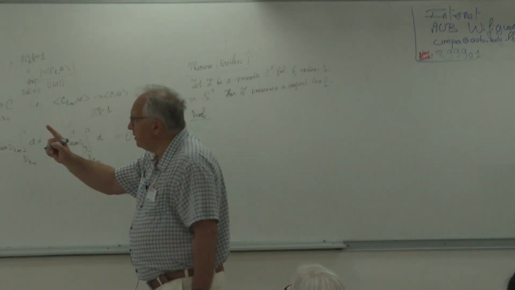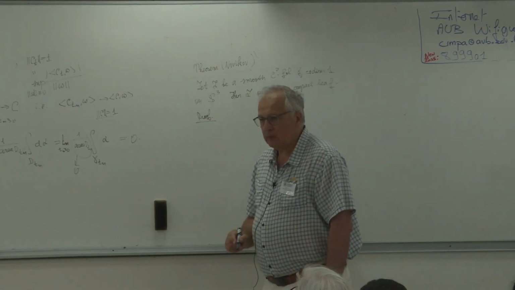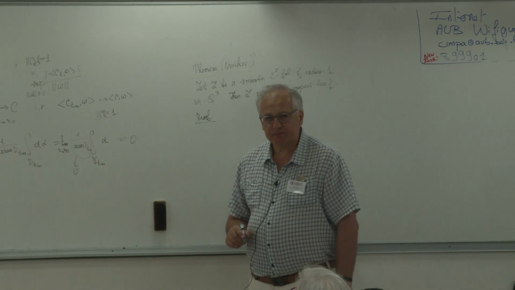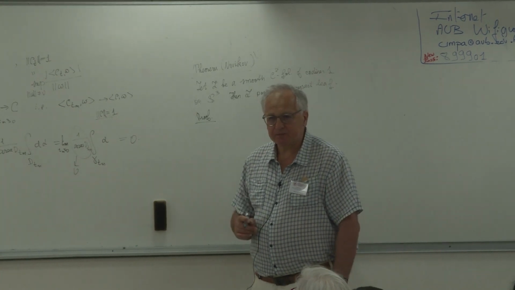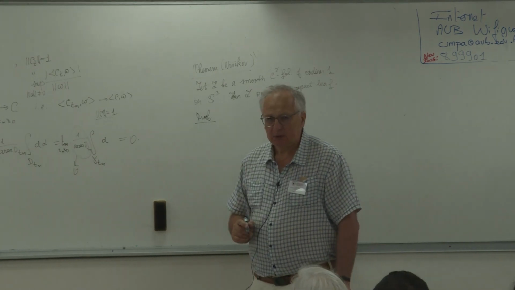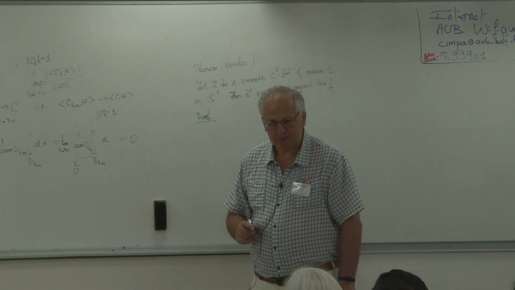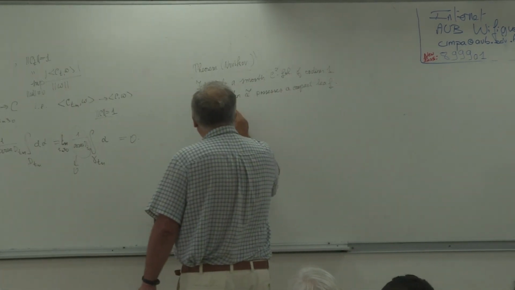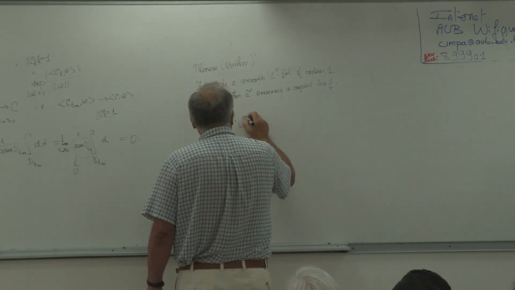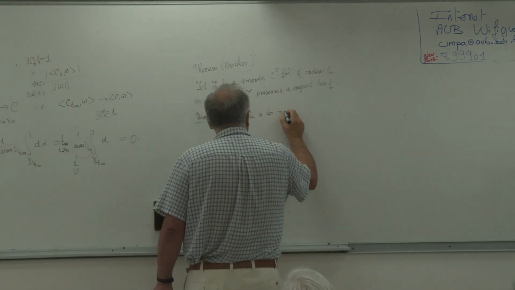By lemma A, we have a vanishing cycle in some leaf. By lemma B, we have a transverse measure. Okay, so let mu be a transverse measure.